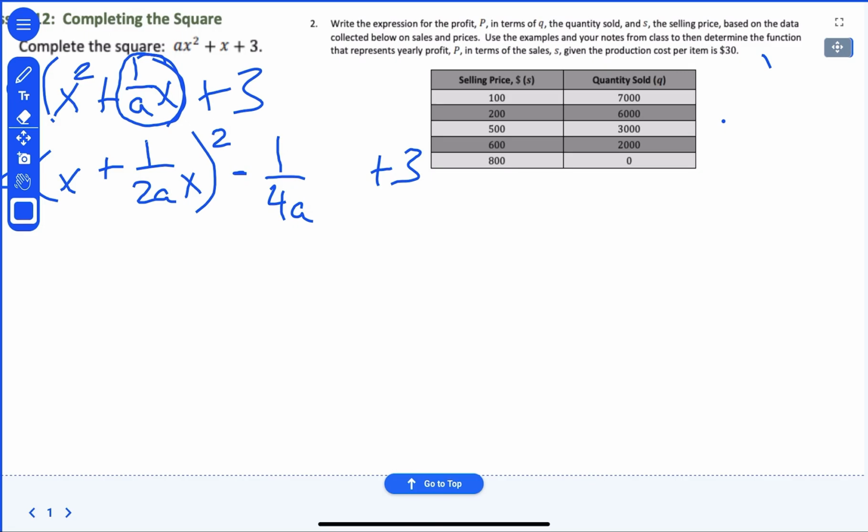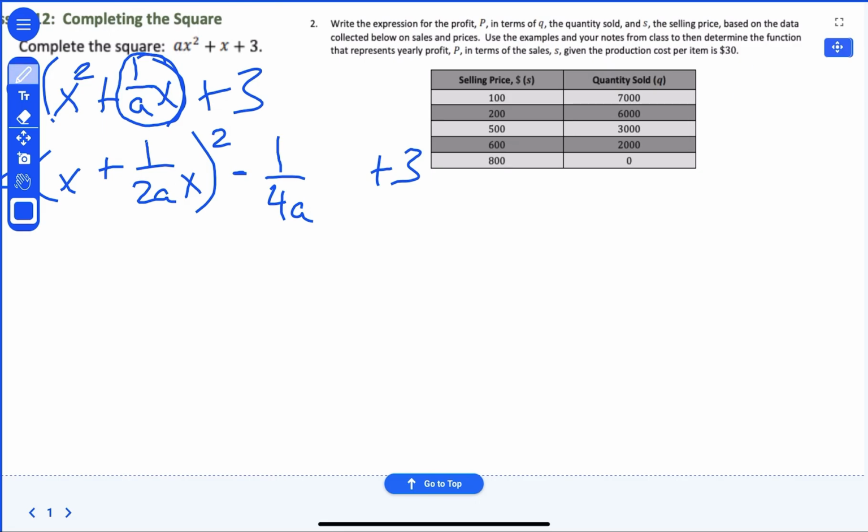Use the example and your notes from class to then determine the function that represents yearly profit as P in terms of sales S, given the production cost per item is $30. So it's going to cost $30 to make these.